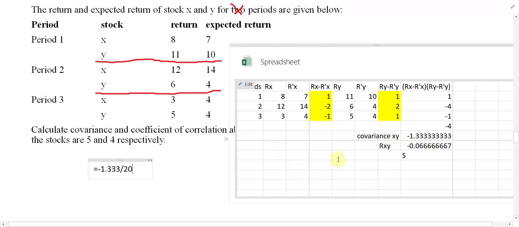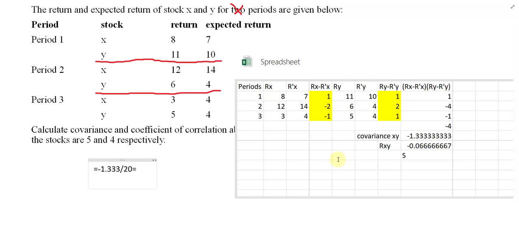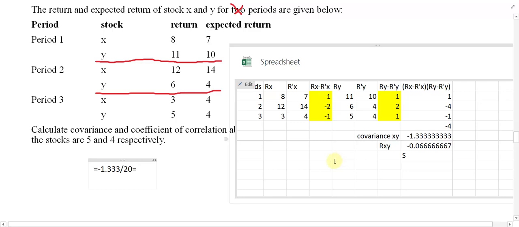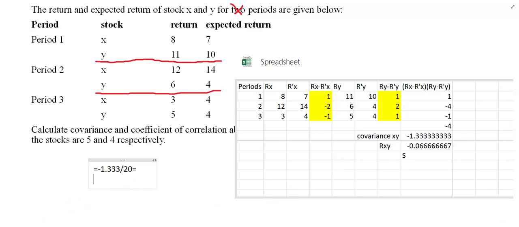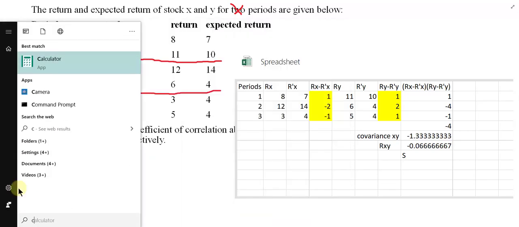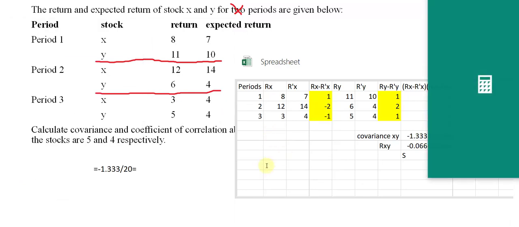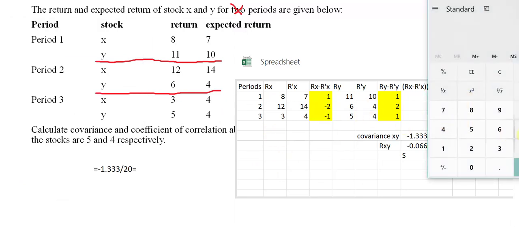Because 5 into 4 is equal to how much? 20. Okay, it again does not work. So let me do it once again. If we do it again, it is the same, right? So let us divide it with the calculator. Sometimes it doesn't work.